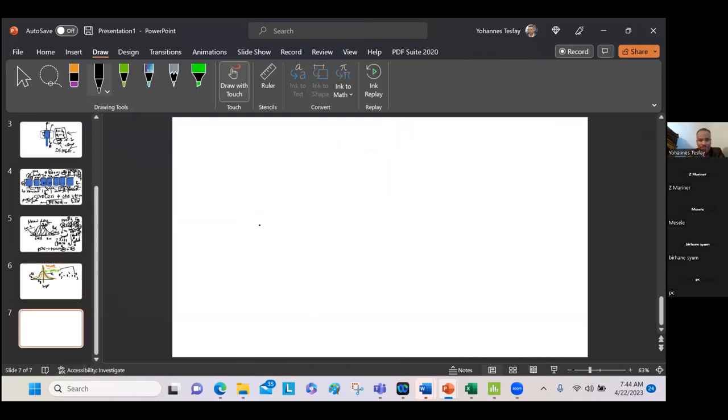Our next phase is, again, we're going to do this just like this. So now this is our target. Now forget about the upper specification limit and lower specification limit. Forget about them.